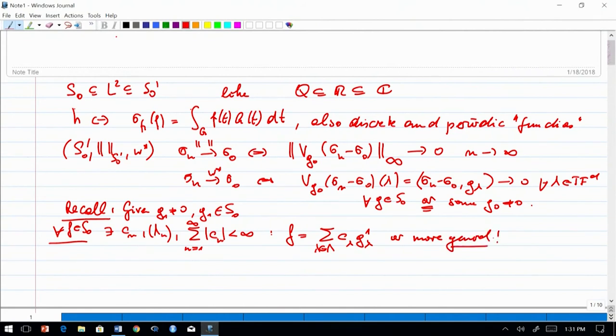You can have different versions. When I met the engineers the first time, I did not know anything about Gabor analysis, and I explained to my colleague Franz Luef that I have a space which I think could be useful, and I can say, if you give me an f, I would need a sequence lambda_n. The better way would be the sum of c_n g_lambda_n from 1 to infinity. So the old description was, if you give me an f, I would individually for every f fabricate a function.